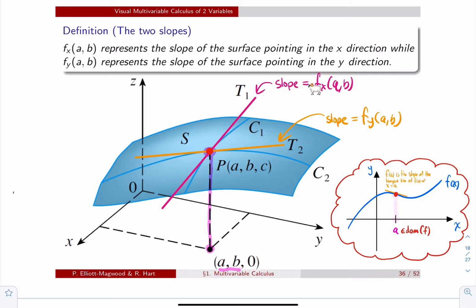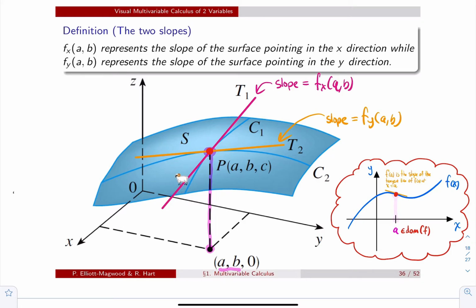So it looks like here in our example, it's in magenta here. If you draw the tangent line in that direction, parallel to the x-axis, it looks like my slope would be negative. So if the goat goes in the same direction as the x-axis, then the goat is going to go down on the graph.